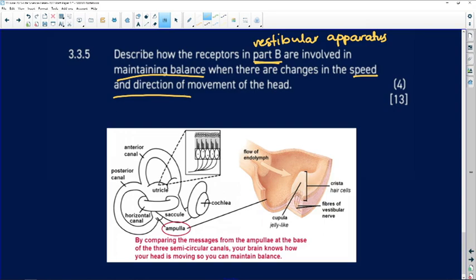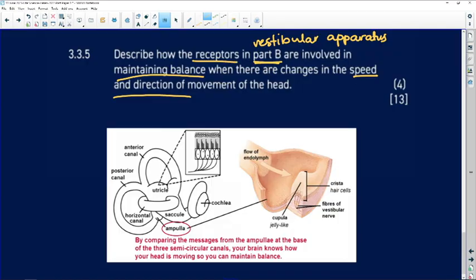So I want you to imagine yourself walking and you're looking ahead and you're moving in one direction, and suddenly a dog comes from the one angle, and now instead of walking, you're going to turn position and you're going to run. So the direction of the movement of your head and the speed at which your head is now moving have changed. But you keep your balance, right? You don't fall over.